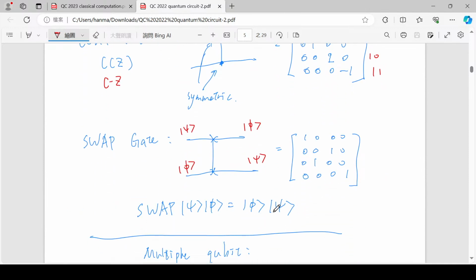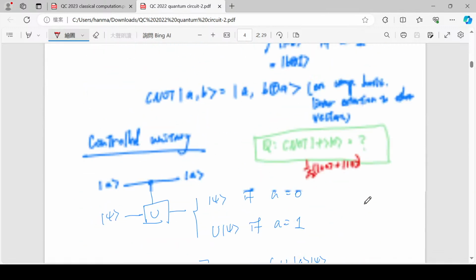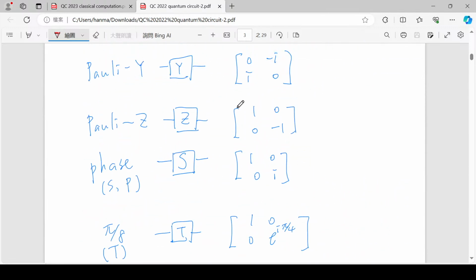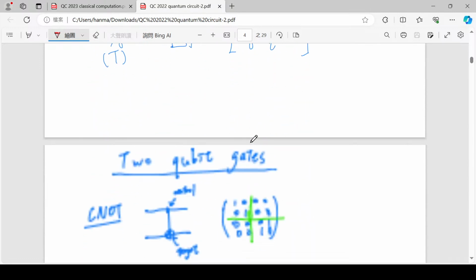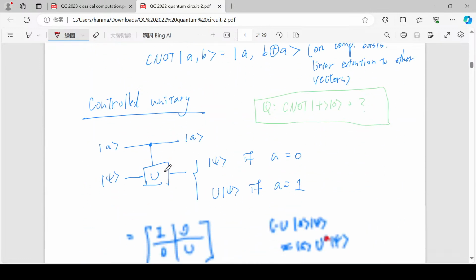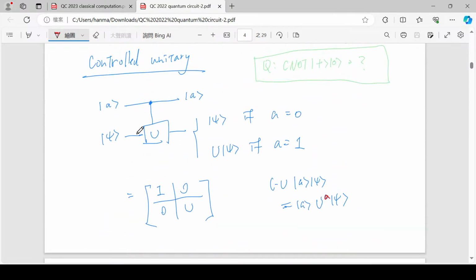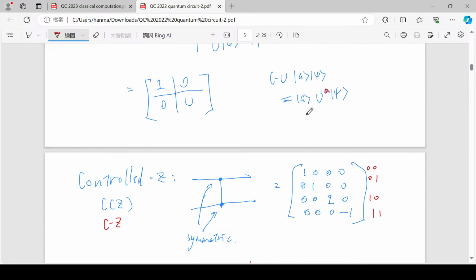Okay? It's very tempting to write a matrix for everything, to just expand everything out as a giant matrix and do a matrix multiply on vectors to calculate what your circuit does.